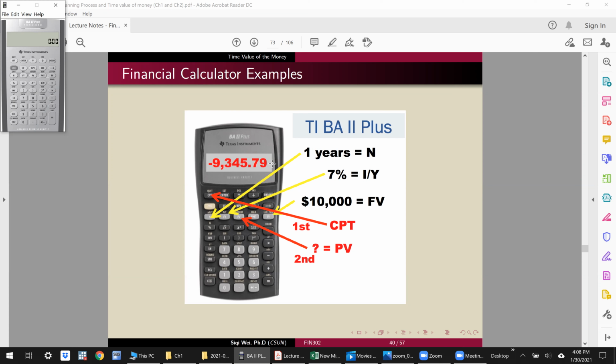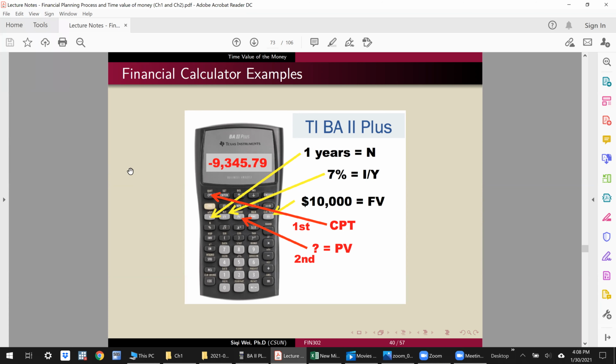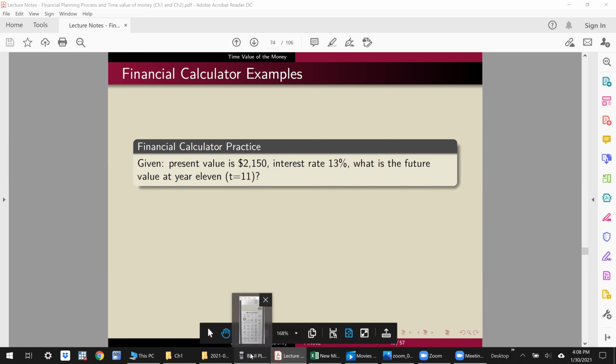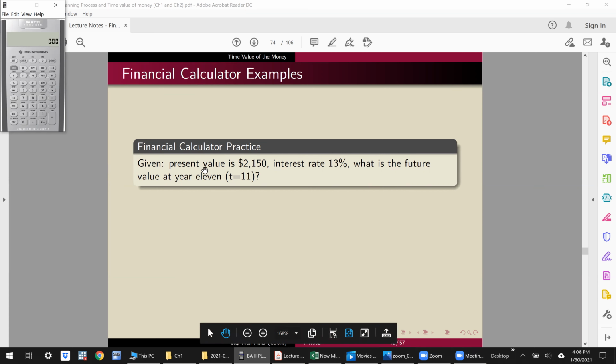Let's take a look at one example to help you visualize the idea. Given the present value of 2150, interest rate of 13%, what is the future value over the next 11 years?